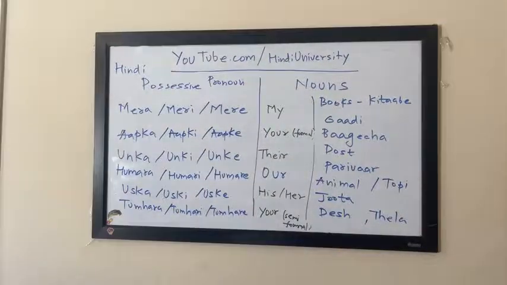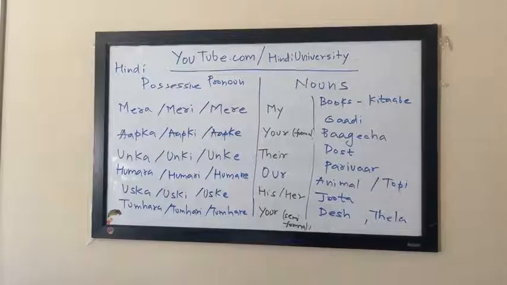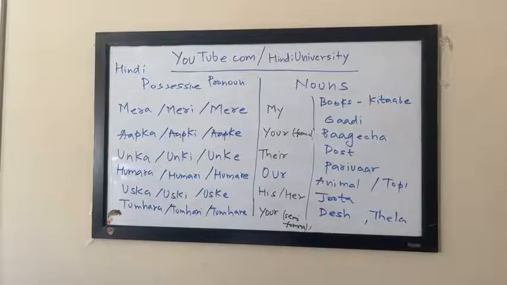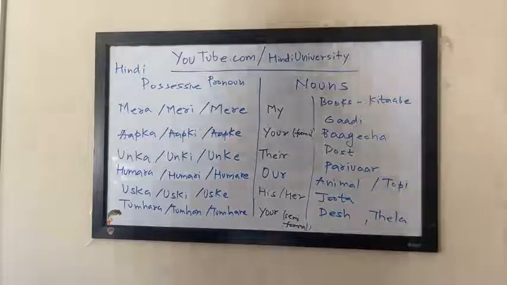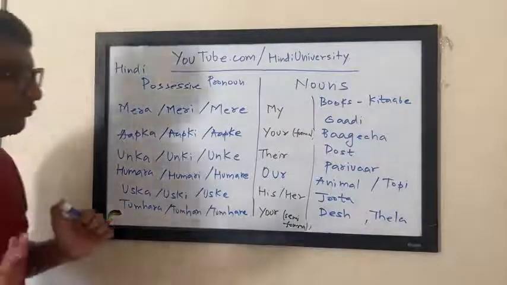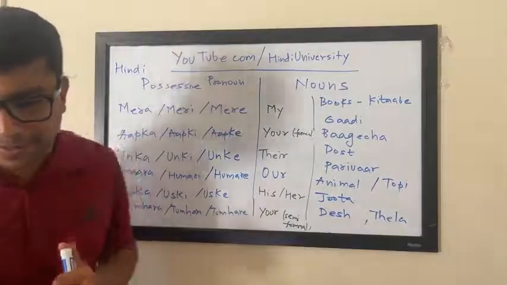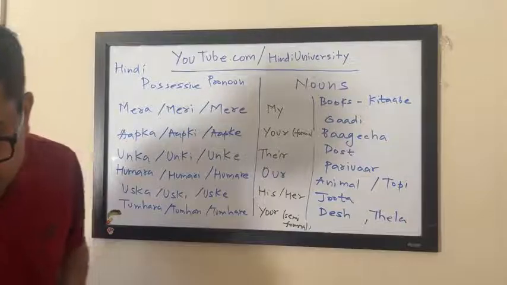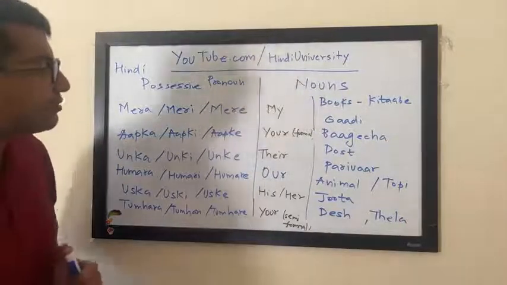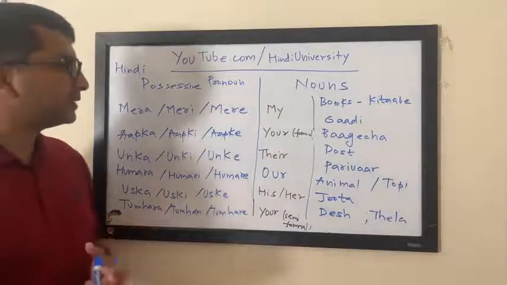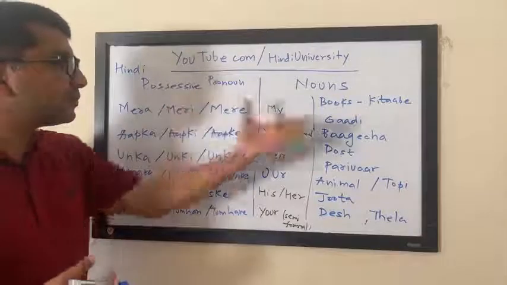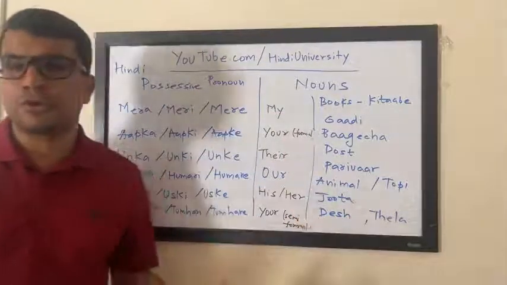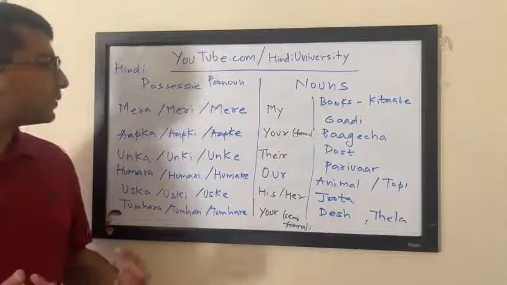Okay. And let's see how our friends are doing on the Facebook side. I think Sarah Ji has written all the pronouns there. This is great. Now all you're doing is using possessive pronouns with the nouns to show ownership.